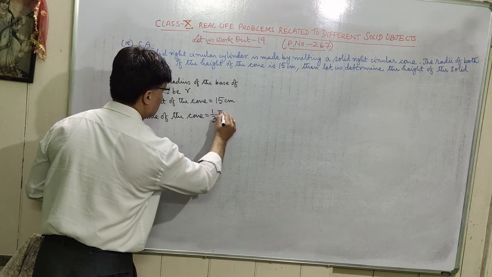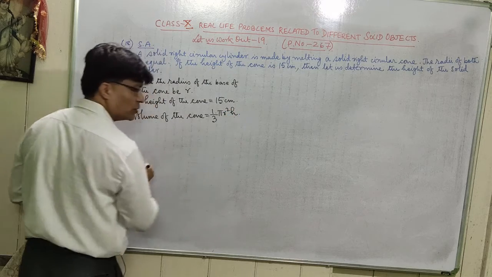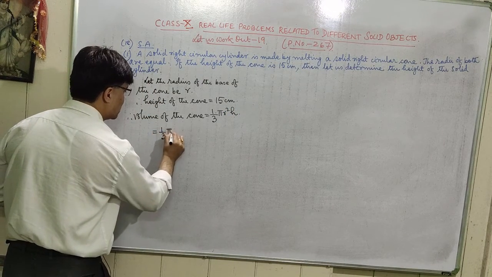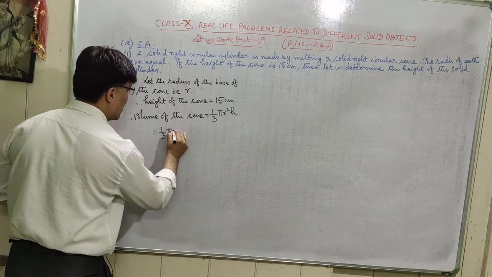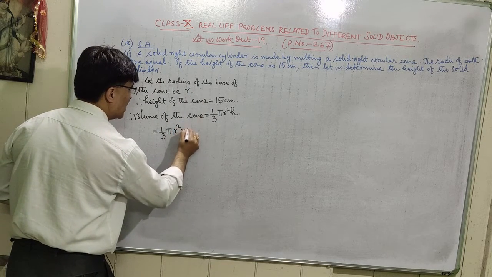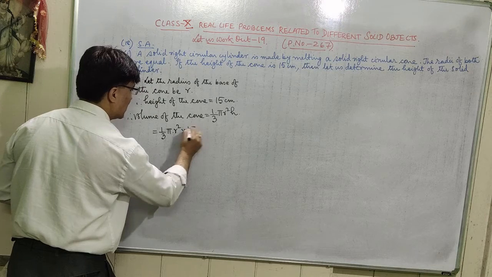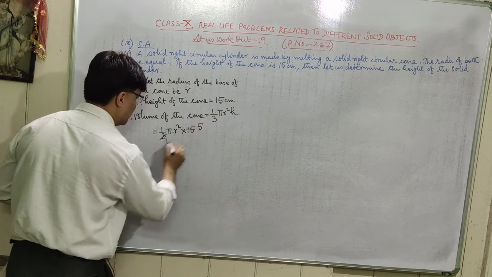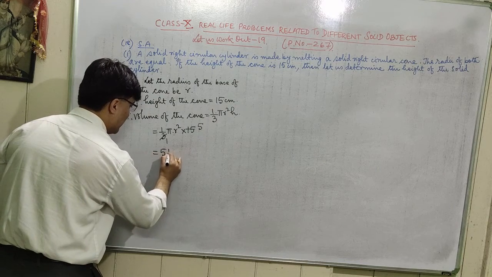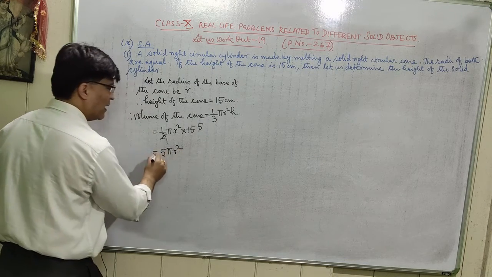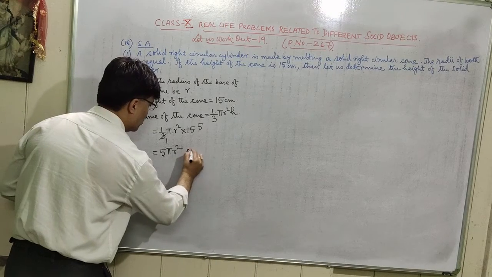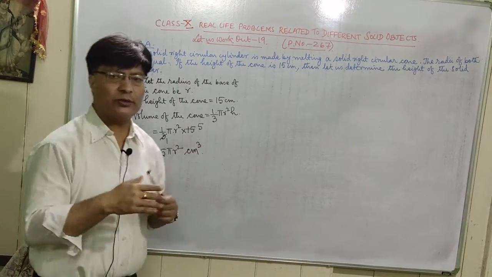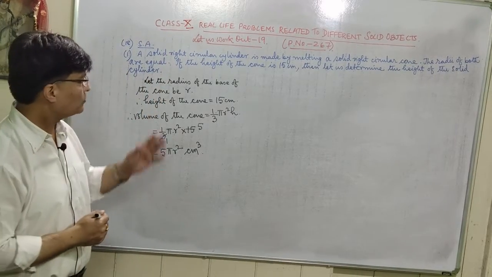It is 1/3 pi r square h. So let us put the values. 1/3 pi r square into h, that is 15. 3 5s are 15, which is equal to 5 pi r square cubic centimeter, or you can write centimeter cube. So this is the volume of the cone.